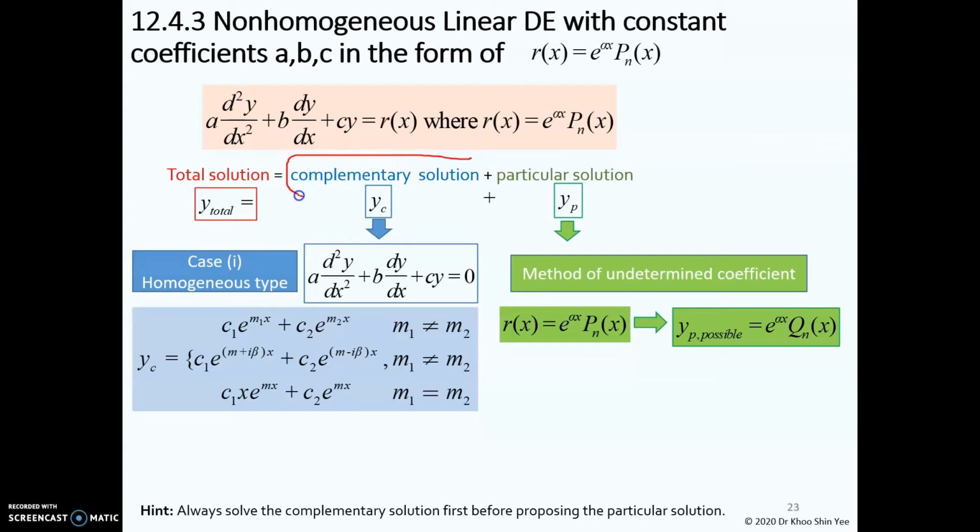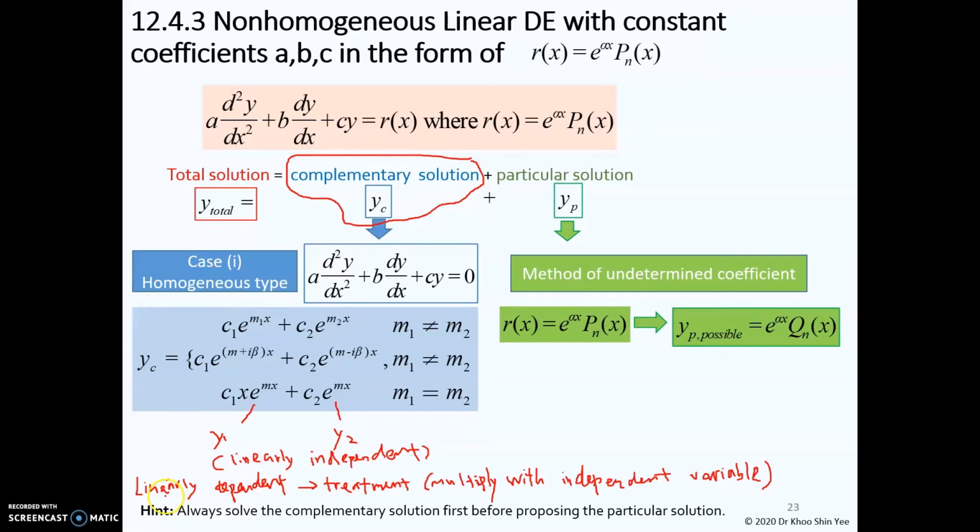So bear in mind, to solve the complementary solution, we need to ensure the y1 and y2 solutions here, both of them must be linearly independent. So if you see the solution is linearly dependent, like case 3 here, we need to perform a treatment by multiplying the solution with the independent variable.